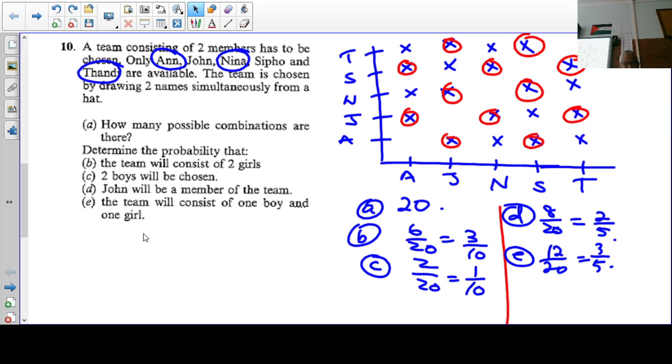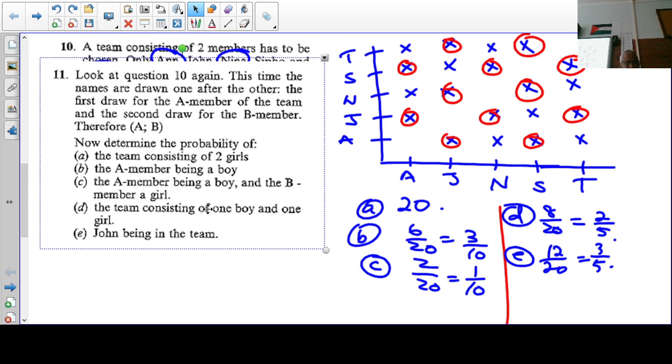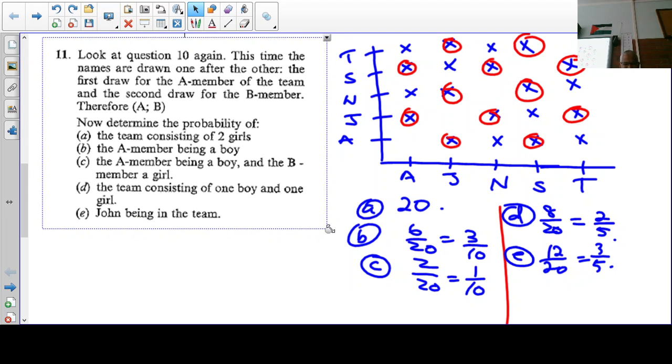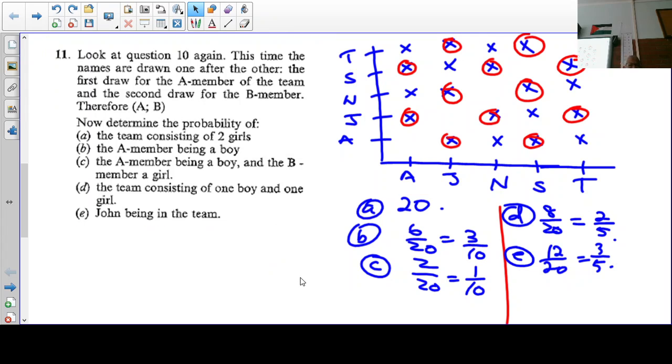So if I place this here, it says, look at question 10 again. This time the names are drawn one after the other. So if you draw John, then you can follow it with Nina, or you could have drawn Nina and followed it with John. Can you see where my mistake is?